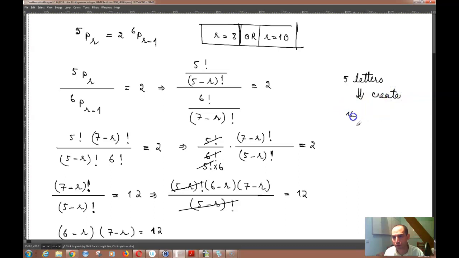You want to create 10 letter words, which is not possible. So this answer is not acceptable. And so that means that r is equal to 3 is the right answer.